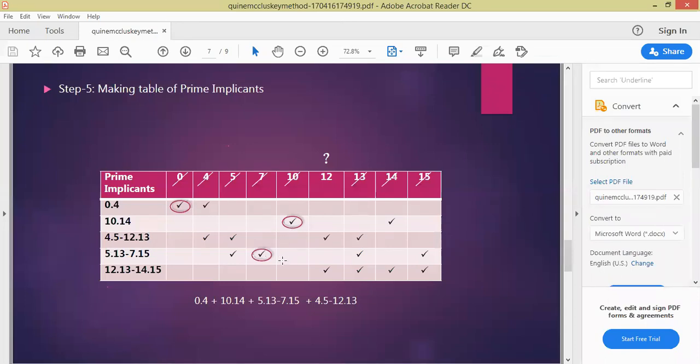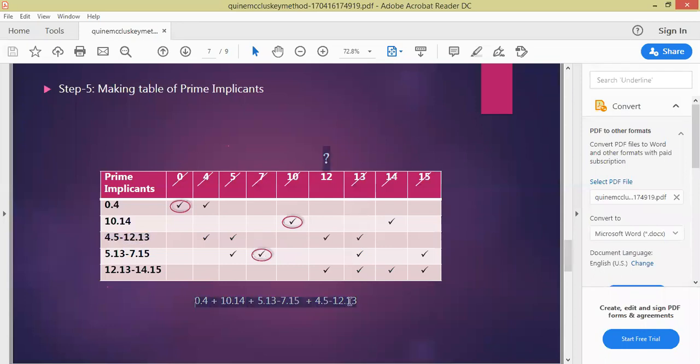Okay, so here we are considering the prime implicants as 0, 4 plus 10, 14 plus 5, 13, 7, 15 and 12, 13, 14, 15. So here we are just skipping 4, 5, 12, 13 as it has been covered with all the other prime implicants.